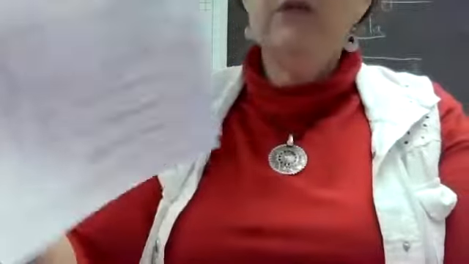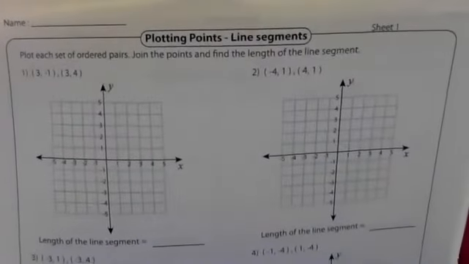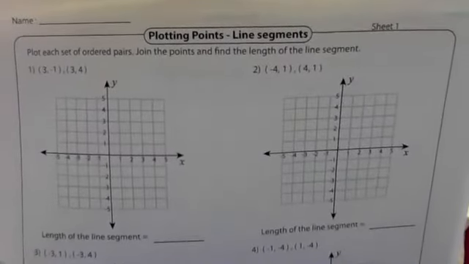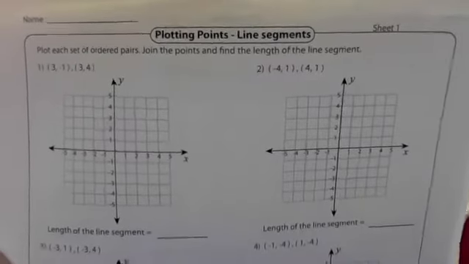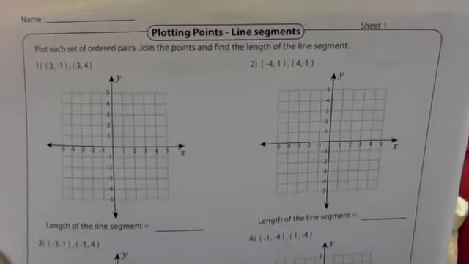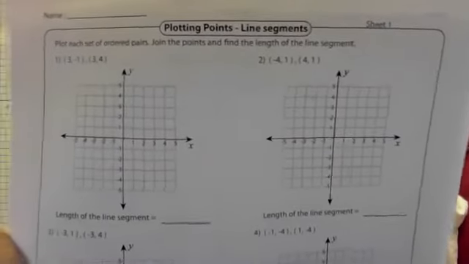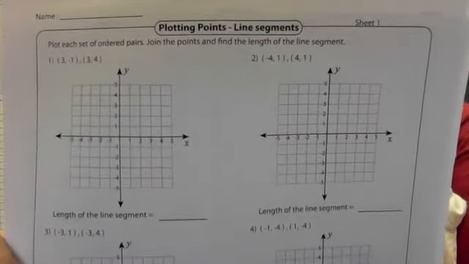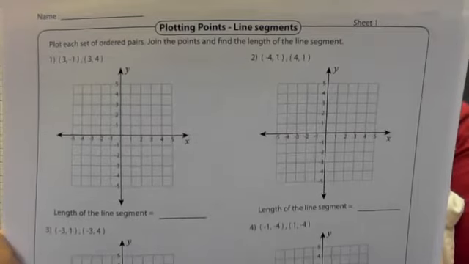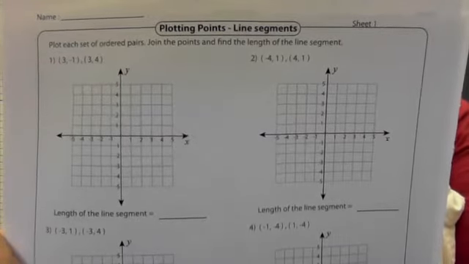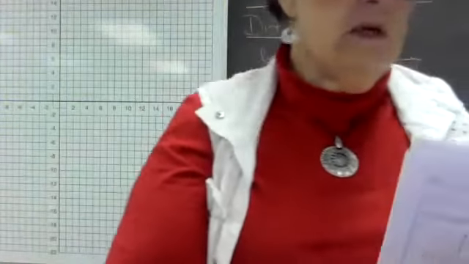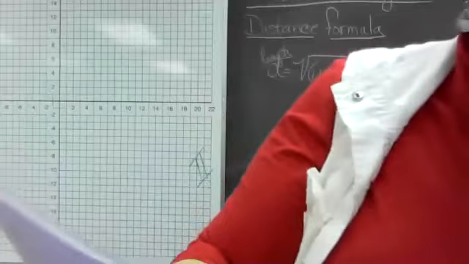My suggestion on this page, which is the same one I was talking about, page 5, is that when you plot these points, you will always be able to count those. So I would count them, then I would practice using the distance formula, just like we just did. Everybody got it? Yes. It's a good way to get an introduction to the formula.